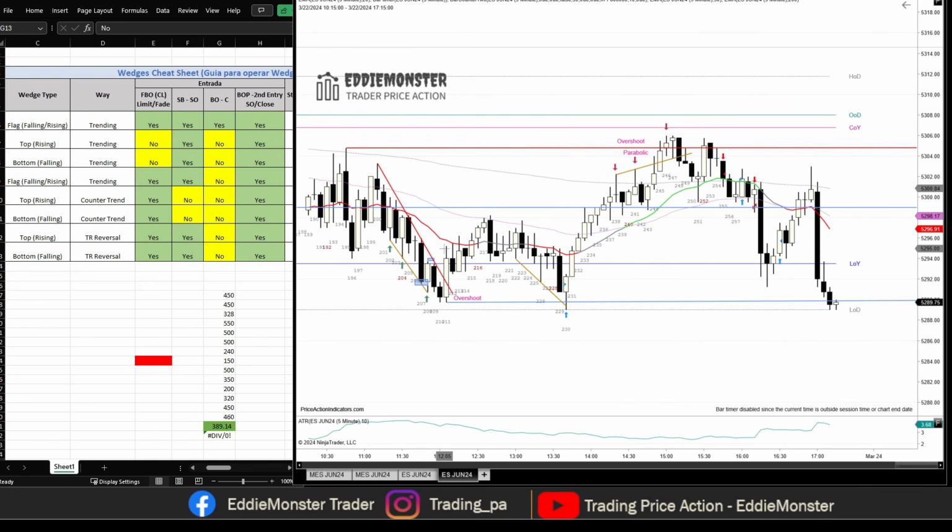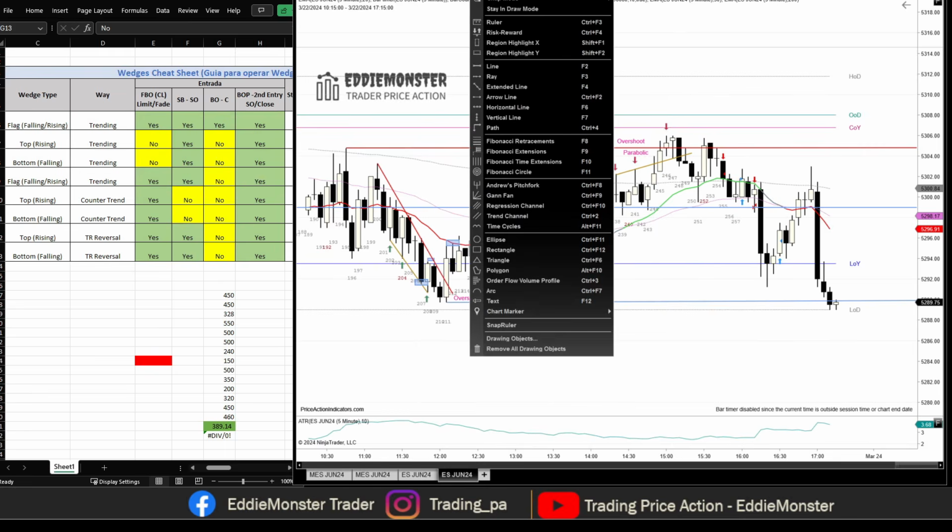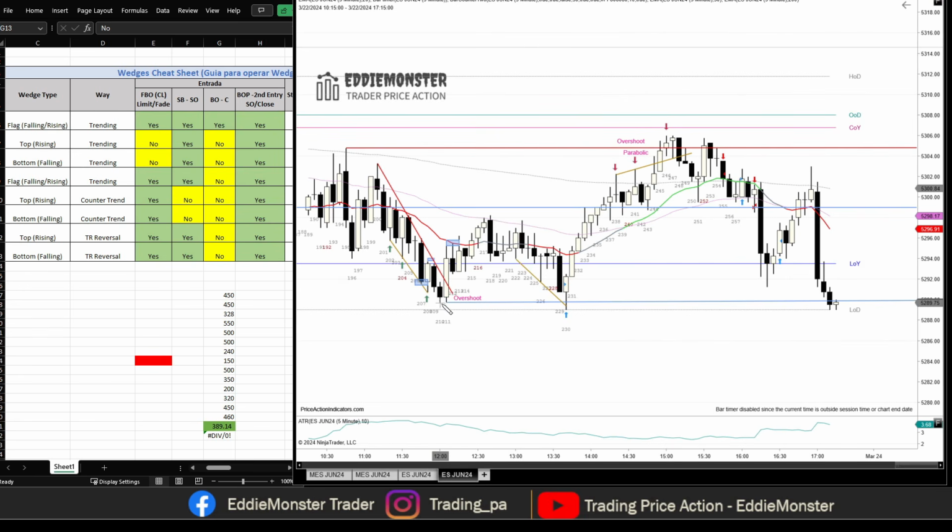What I'm saying is you cannot buy this bar. Why is that? You cannot buy this breakout here because, look at this, it's close to the 50%, which in a trading range is where you're taking profit.